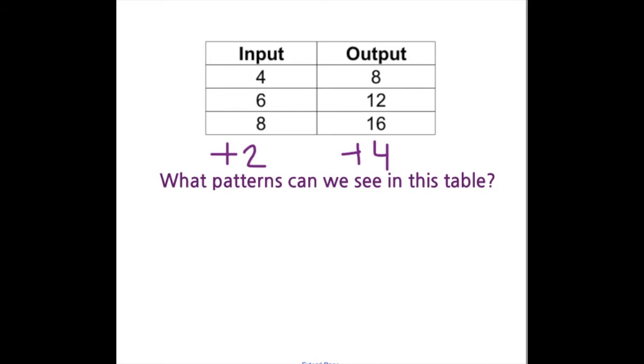I'm also going to look at from the input to the output, from 4 to 8, 6 to 12, 8 to 16. Any ideas? I can see that from the input to the output, it is increasing by times 2. Because 4 times 2 is 8, 6 times 2 is 12, 8 times 2 is 16.